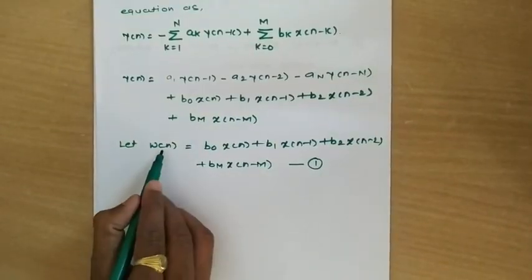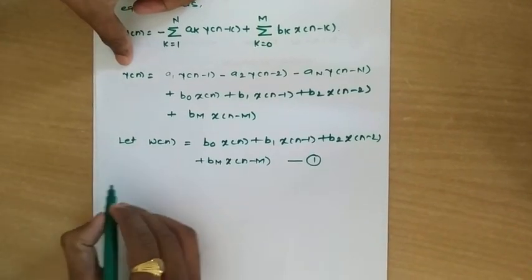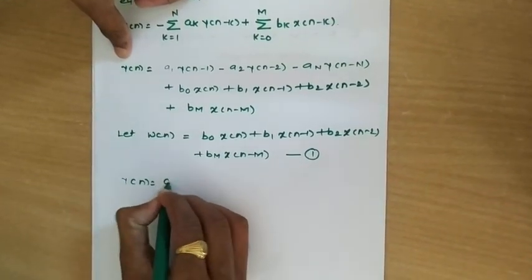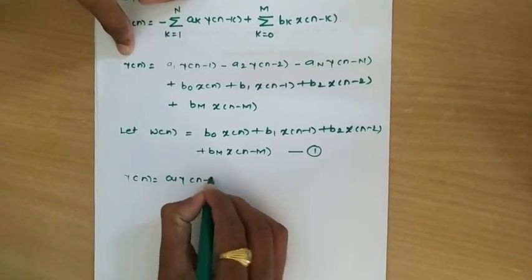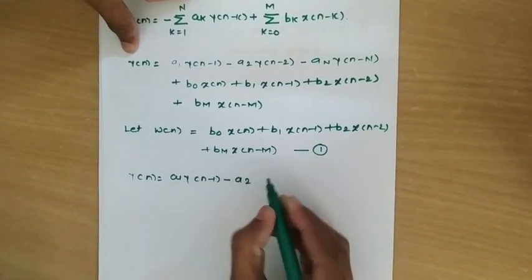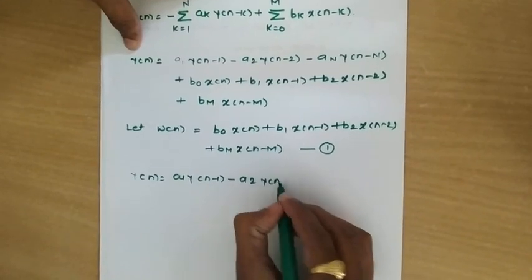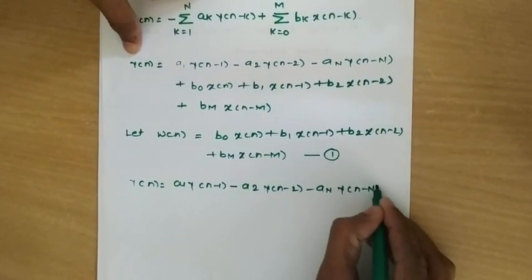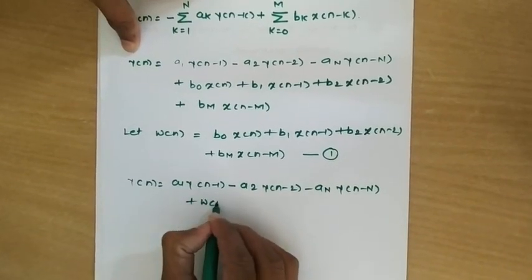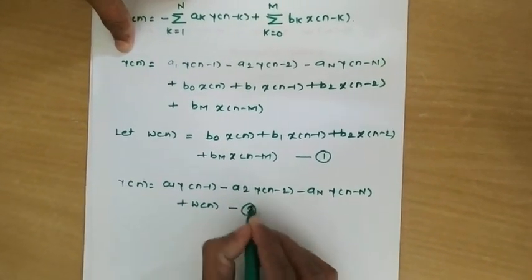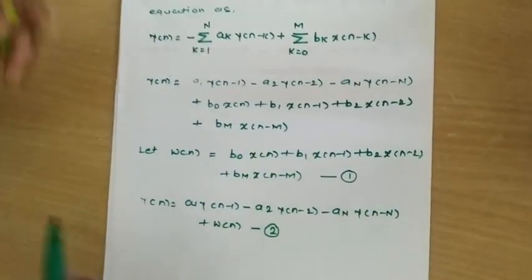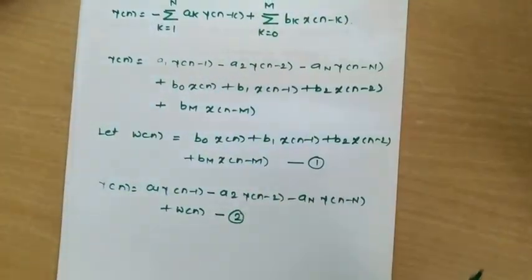Now if it is w of n, we'll rearrange this equation and we'll get the output equation as y of n is equal to a1 y of n minus 1 minus a2 y of n minus 2 minus aN y of n minus N plus this term w of n. Let this be my second equation. Now we'll realize these two equations and that becomes our direct form 1 realization.